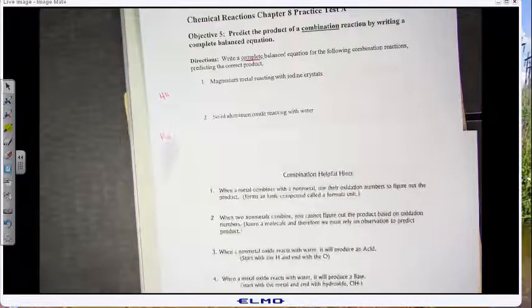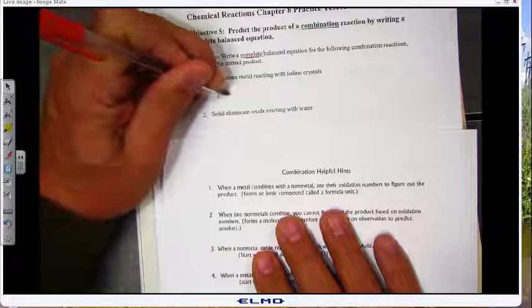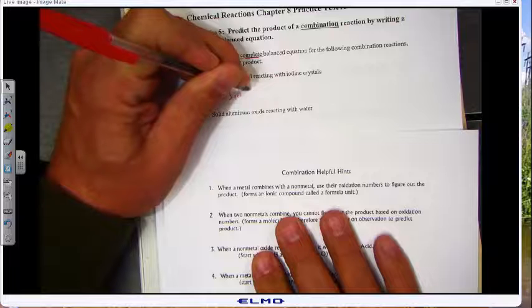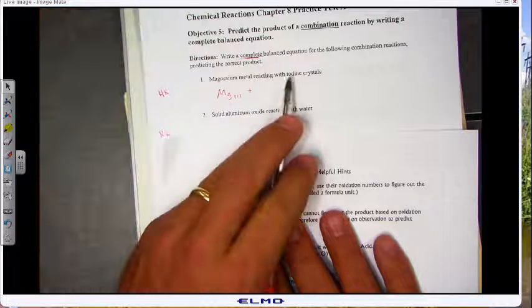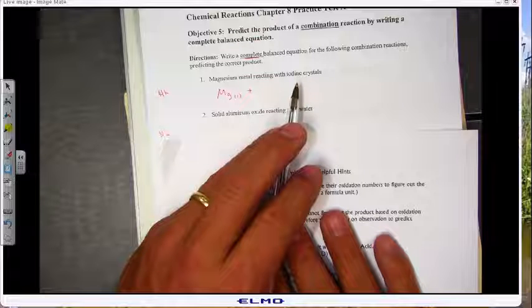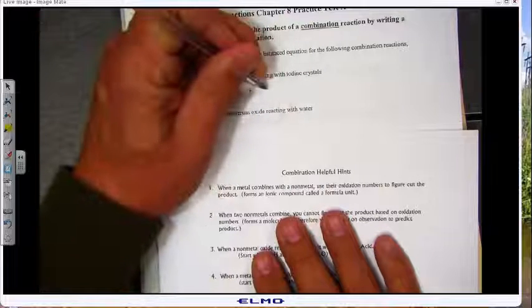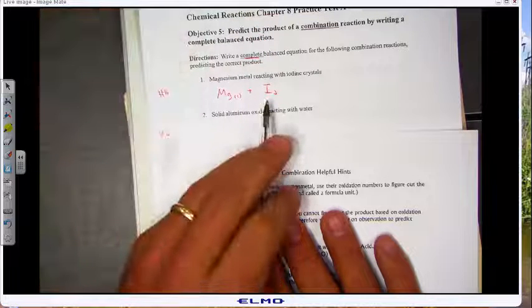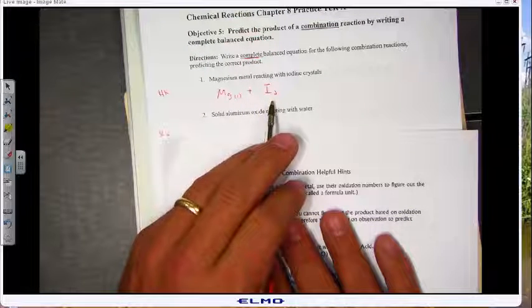Now I'm going to write my reactants. Magnesium is simply Mg. It's a solid because they called it a metal. It's going to be reacting with iodine, and iodine is one of those from the horse's neat oats for clear brown eyes family, which means that instead of just writing I, I'm going to write I2. It's a diatomic, and it's only found attached to itself if it's alone in nature.